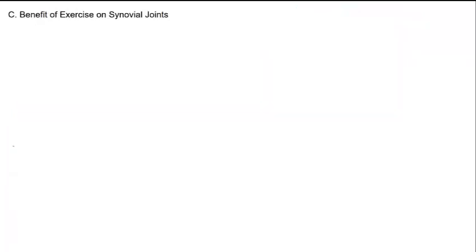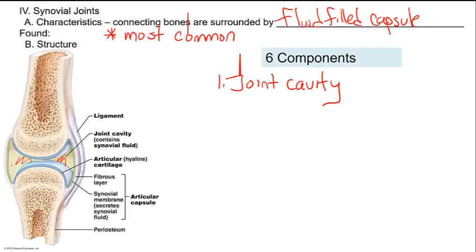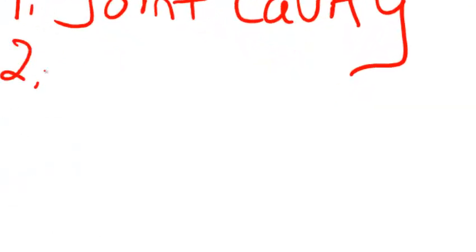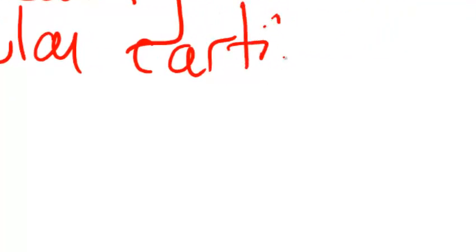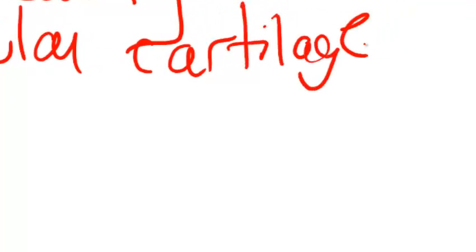Now, if you look at the two bones that connect, you will see this blue tissue, which is lining where the bones connect, and that is articular cartilage. Remember that articular cartilage is actually hyaline cartilage, and it's covering and protecting the surface of the bones.